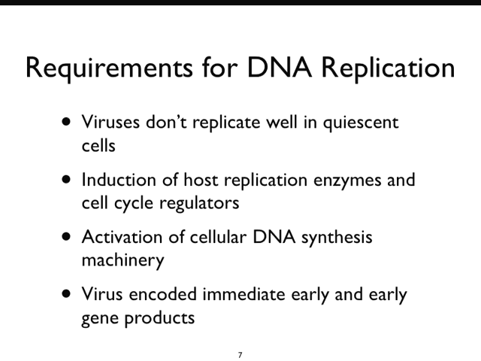Machinery is localized, with the exception of the pox viruses, to the nucleus. So you take a cell that's quiescent, is not actively synthesizing DNA, and if you activate the cell machinery, you now provide landmarks and points within the cell for which a virus can dock its DNA, dock its genome, and initiate the replication process.